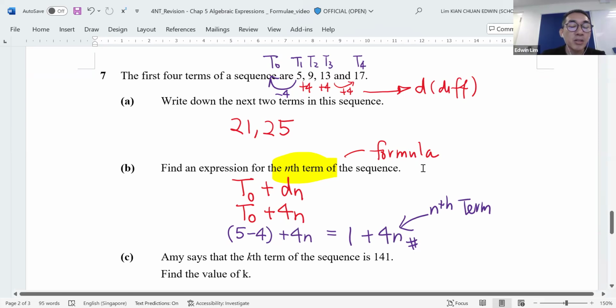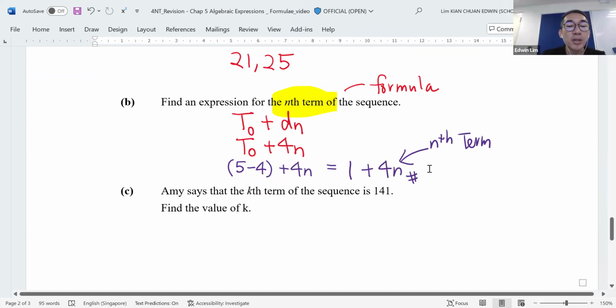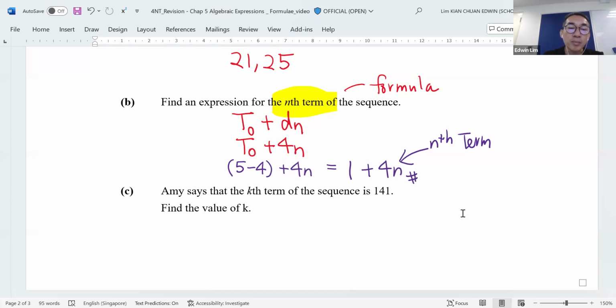Okay, normally it's always linked to the next question. Amy says that the k term of the sequence is 141. Find the value of k. We are just using this formula. 1 plus 4n equals 141.